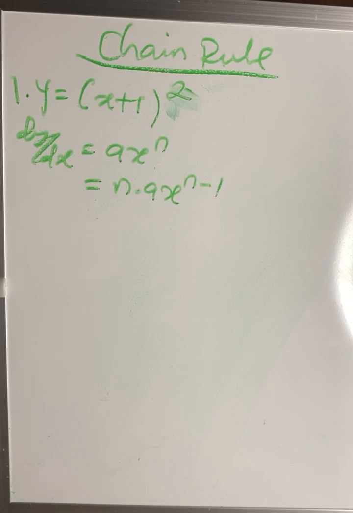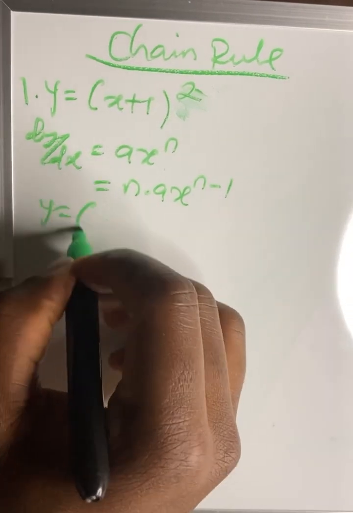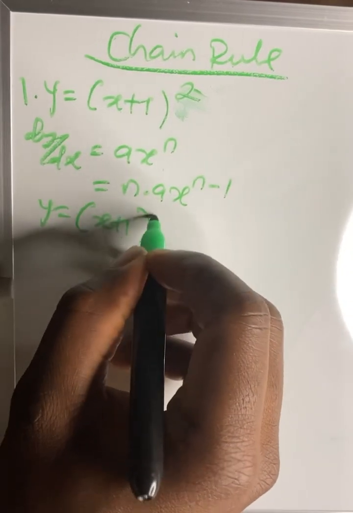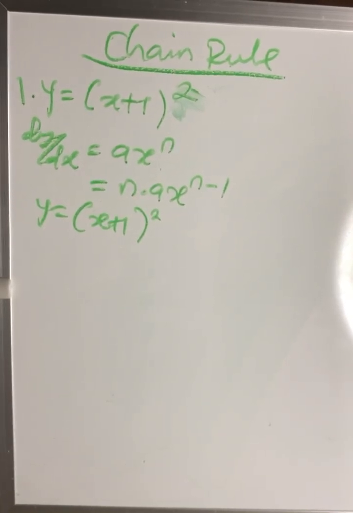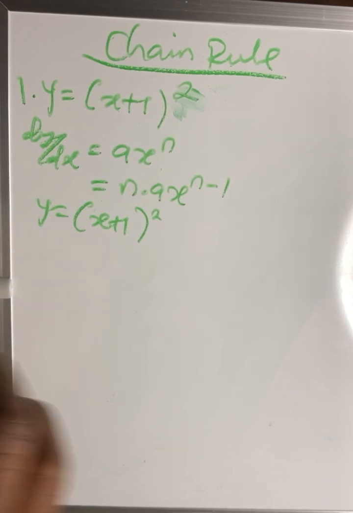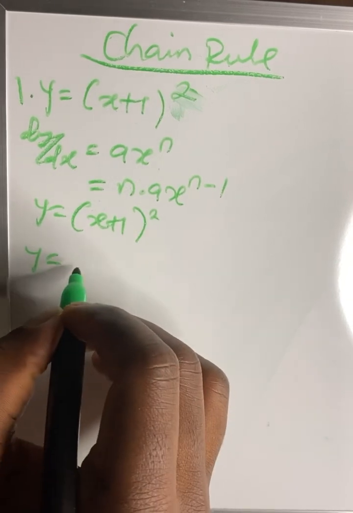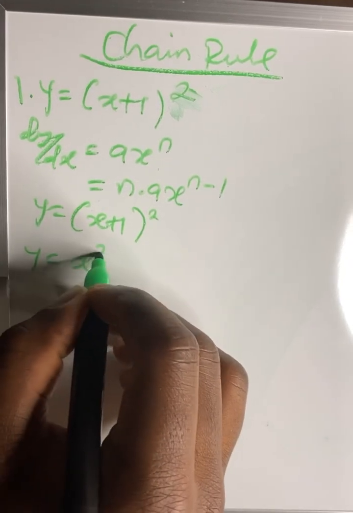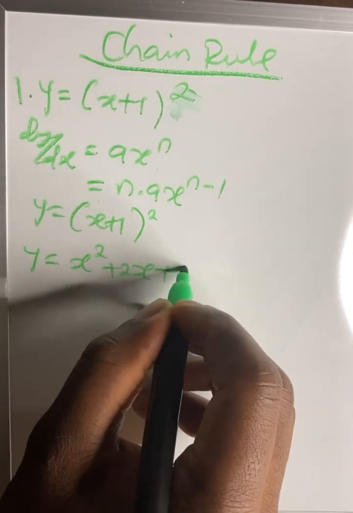But first of all, let's solve this particular example with our normal general formula. Okay, so our y is equals to x plus 1 to the power of 2. So let's simplify this before we employ our formula. If we open this bracket, y will be equal to x raised to power 2 plus 2x, right, plus 1.